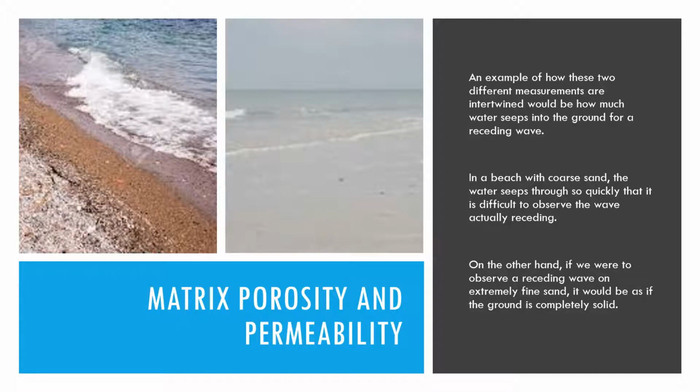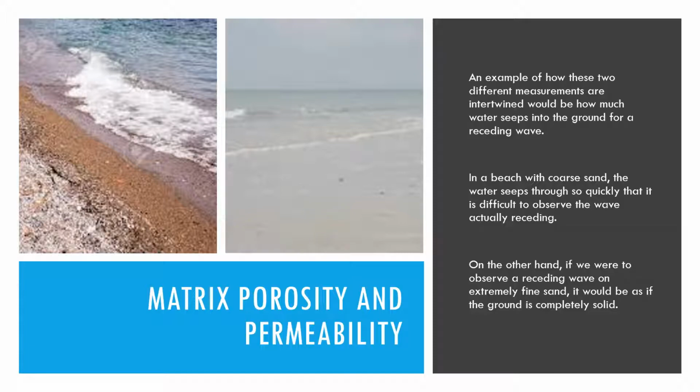And on the right is a beach shore with completely fine sand. Fine sand for some receding waves, especially if they are moving in faster motions, can seem like it's just flowing through solid ground because it's fine sand and the grain sizes are so small and the openings are so small that it's not permeable at all.